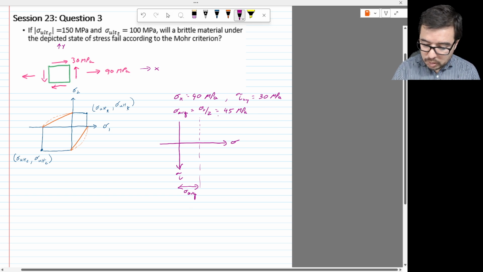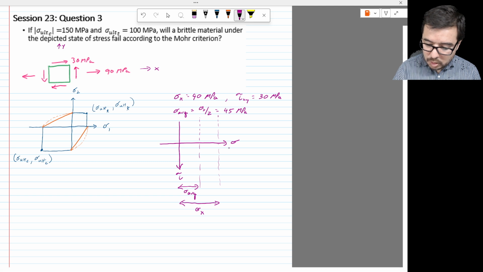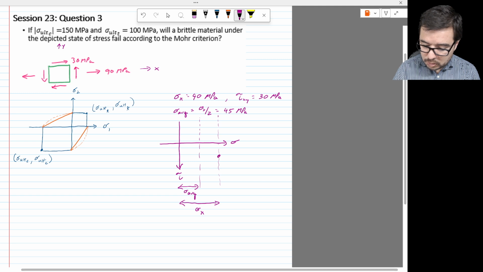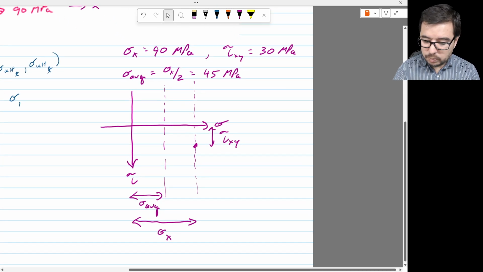So this will be what we have for our sigma x, and our tau xy will come down to about here. And we have our tau xy like that.